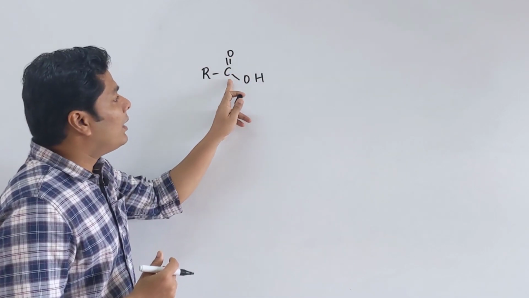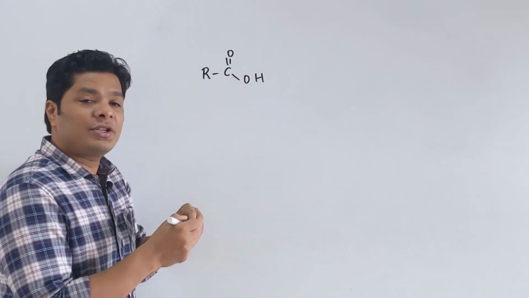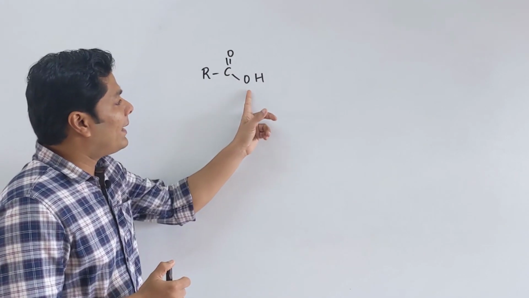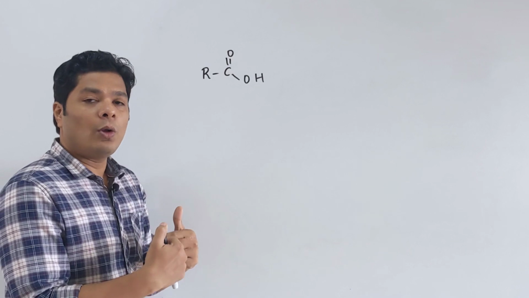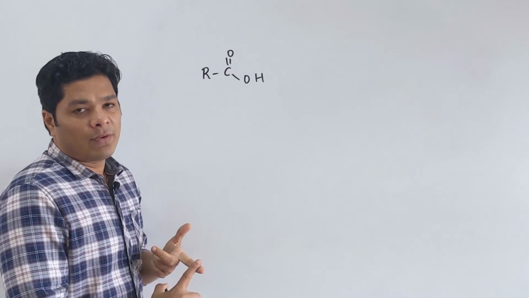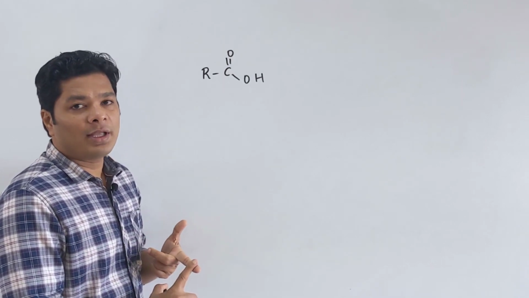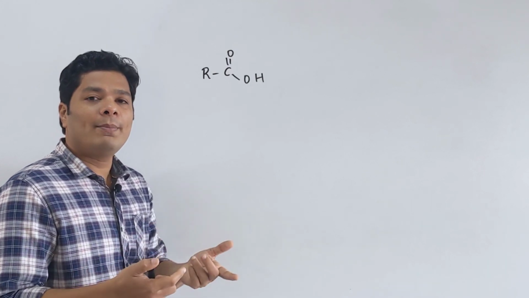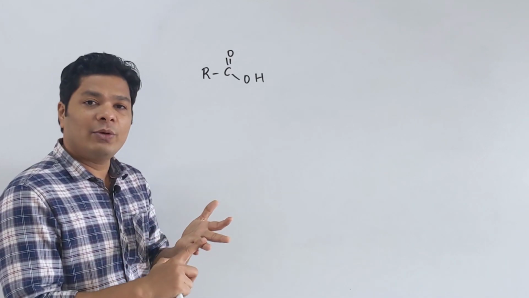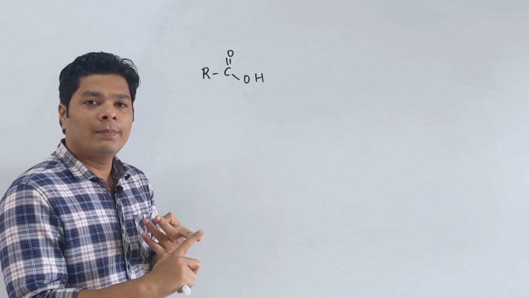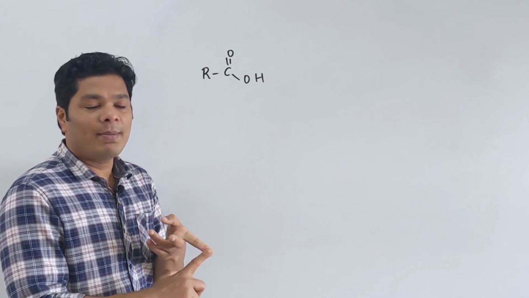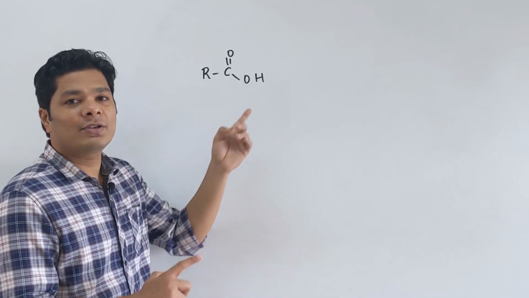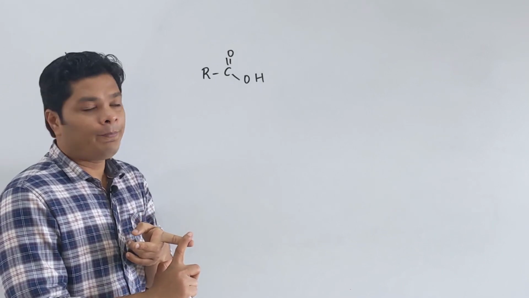So acids have both the conditions satisfied, so they can form hydrogen bonding among themselves and also with water. They can form hydrogen bonding very strongly among themselves. Because of that, their boiling points are much higher than aldehydes, ketones, alkanes and even alcohols. Alcohols do have hydrogen bonding but not as strong as acids. So acids' boiling point is much higher.